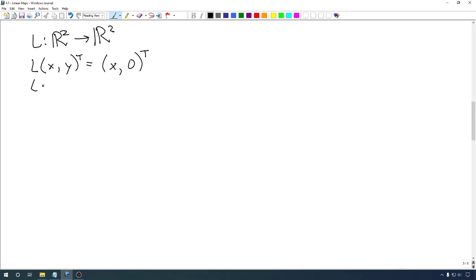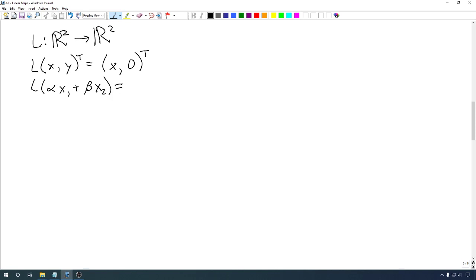Well, all we have to do is see what happens if we go ahead and put in a linear combination. So, say alpha times x1, so this is a vector, and beta times x2.